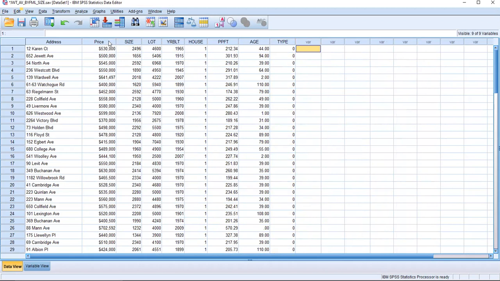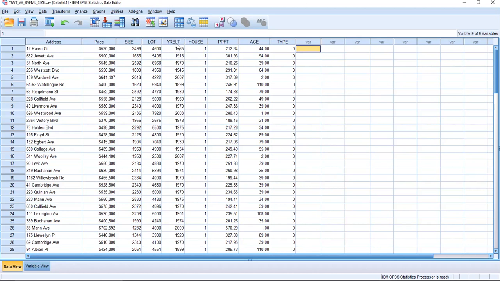The first variable here is the price of these houses in a neighborhood. The second variable, size, shows the size of the house in terms of living space. The other variable is lot size, which is the size of the land on which the house was built.